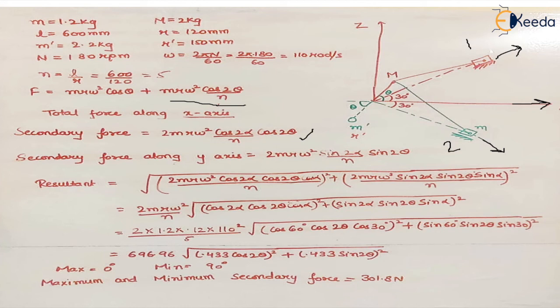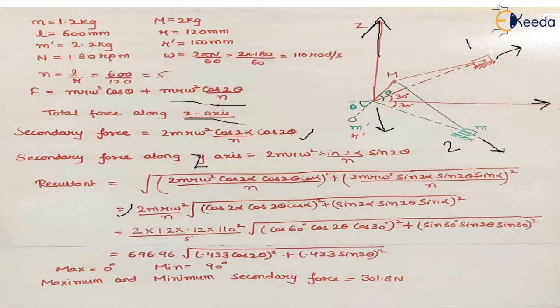And along the z-axis, the force that we get is along this axis, right? So one will be in this direction and another one will be in the opposite direction. And because we know the values along the x-axis and the z-axis, we can find the resultant easily. You take all the common factors out, place all the known values.